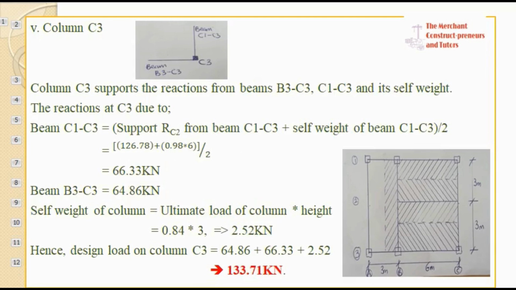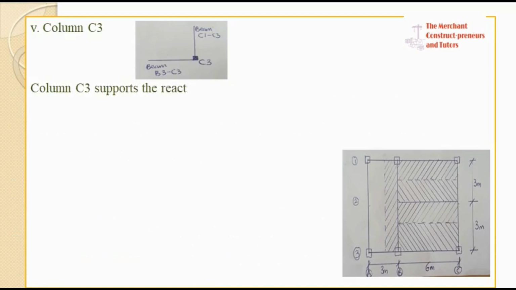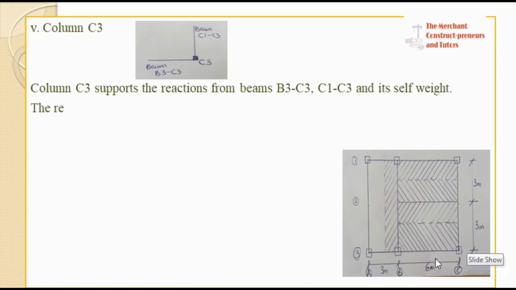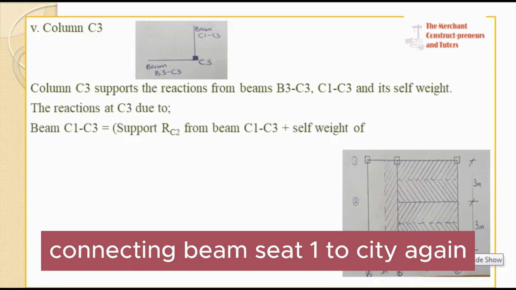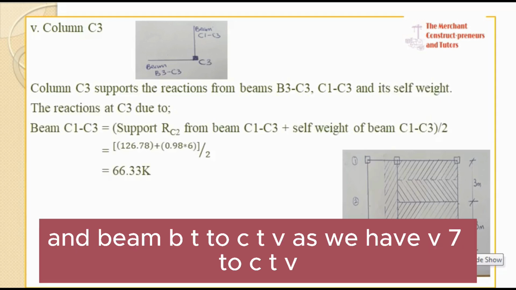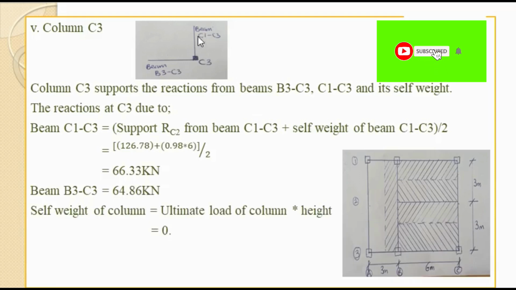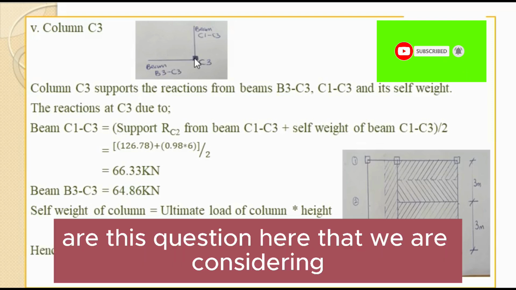For the column C3, locating C3, this is C3 here. We have beam C1 to C3 and beam B3 to C3 connecting to it.